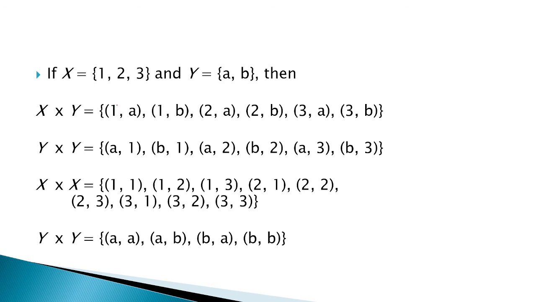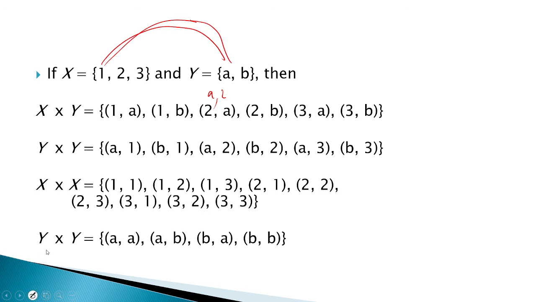Tapos, i-combine mo siya with each element of Y. So, kumbaga, (1, a), (1, b). Those are two ordered pairs natin, and those are members of your set X cross Y. And then, tuloy natin, that's (2, a), (2, b), (3, a), (3, b). Now, hindi natin pwedeng pagpalitin yung a, 2. No, hindi ganon.